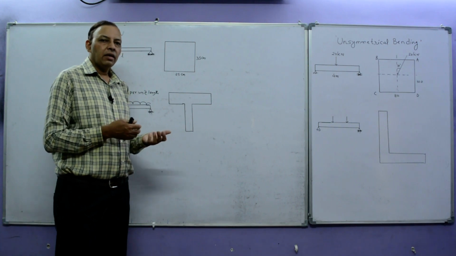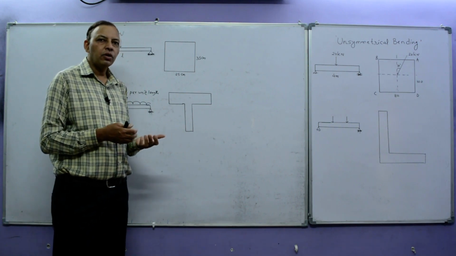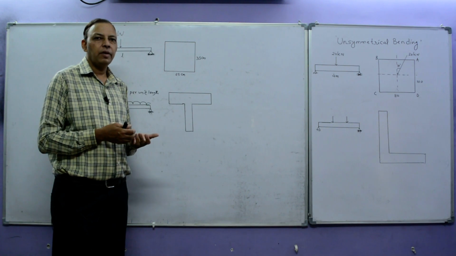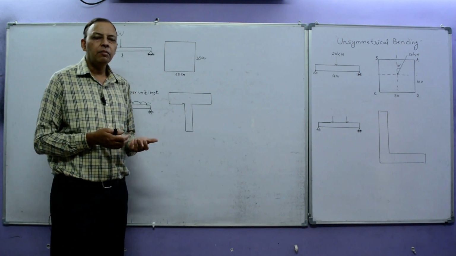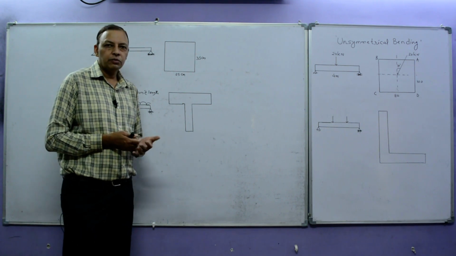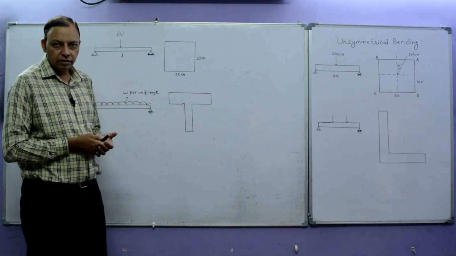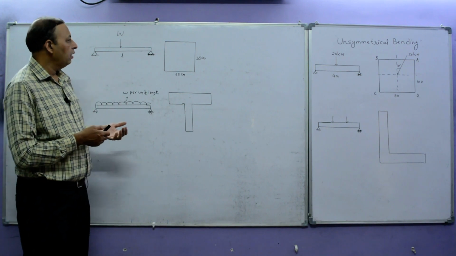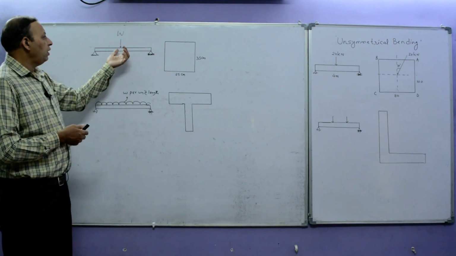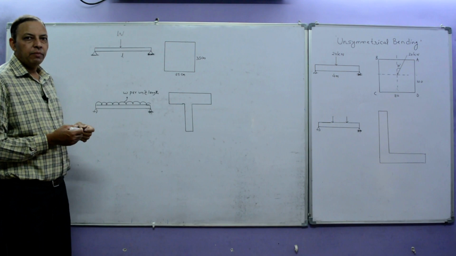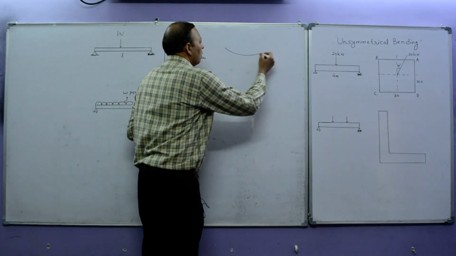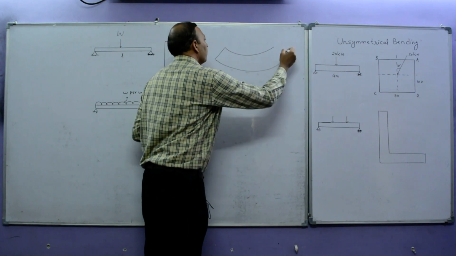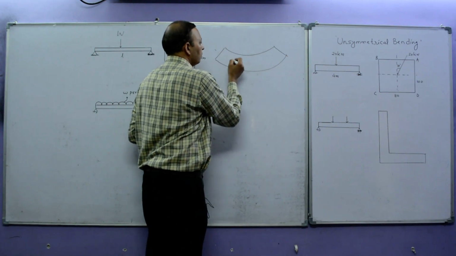Its numericals we can solve in the same manner as we have solved the numericals in case of simple bending. The formula will be the same, sigma by y, M by I, E by R, but some other concepts will be applied there. And when we apply the loading of this type, the section is like this.